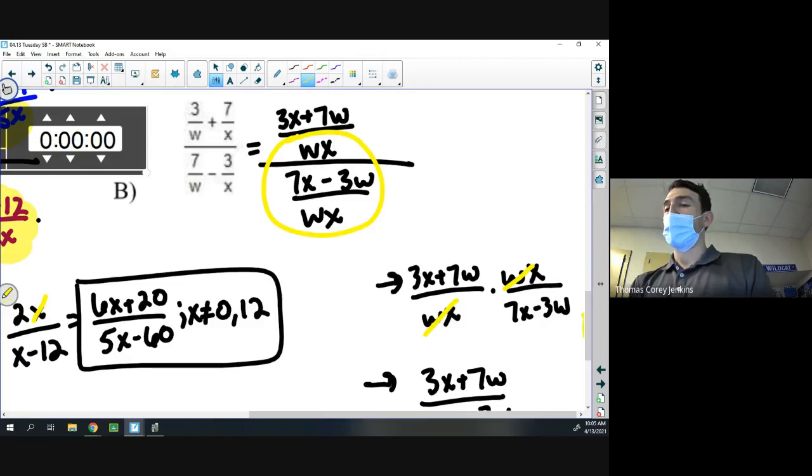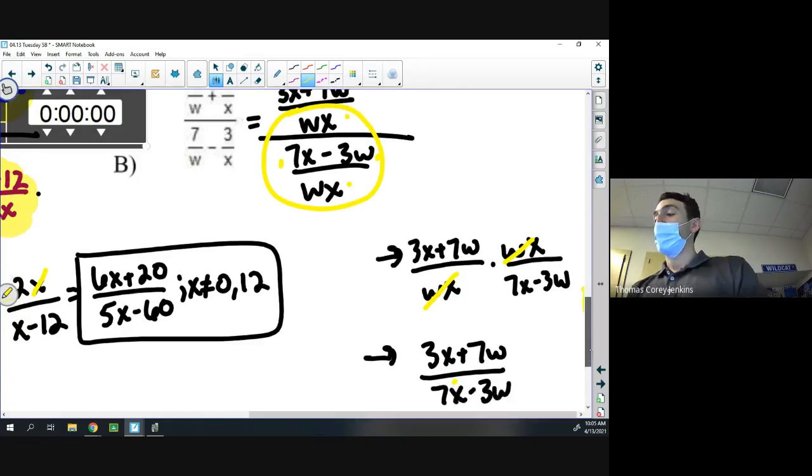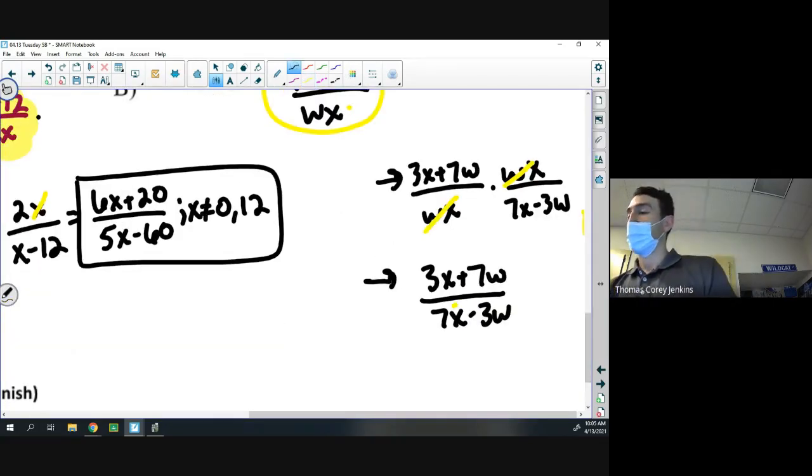When you have that double variable thing, it's easier to just look here and here. My restrictions would just be that w or x can't be 0. Okay, w can't be 0, x can't be 0.